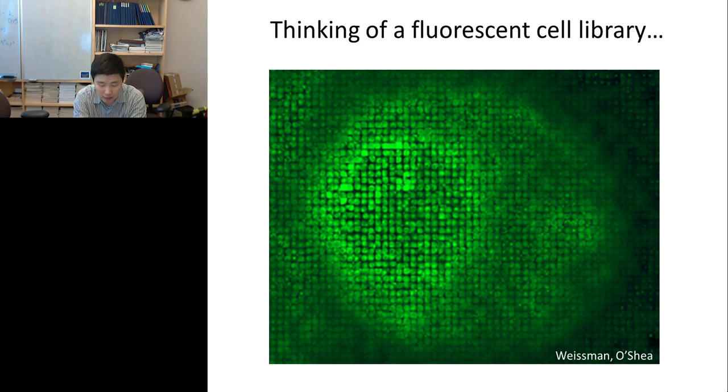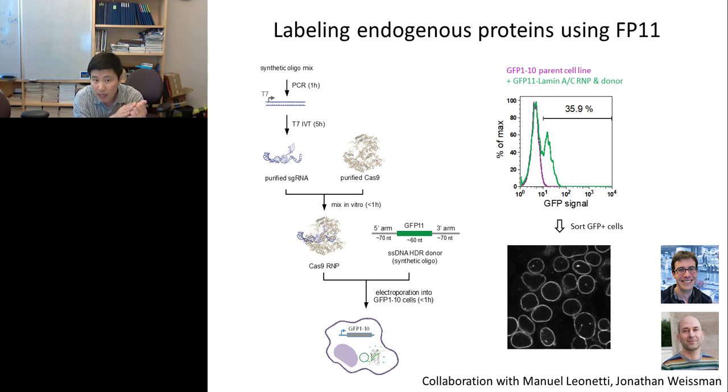And now, with our method that can tag endogenous proteins, we're wondering if we can do the same thing for mammalian cells. So we've been collaborating with the Jonathan Weissman lab, especially with Manuel Leonetti, a postdoc in Jonathan's lab, who's been working on CRISPR gene editing.